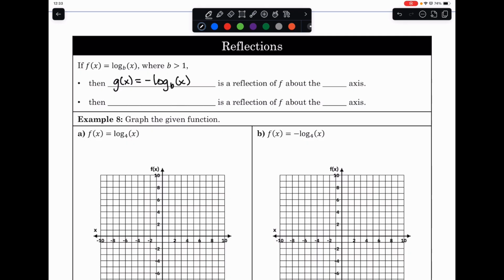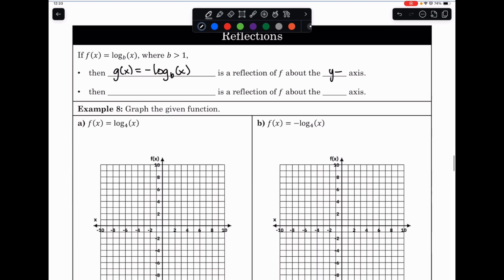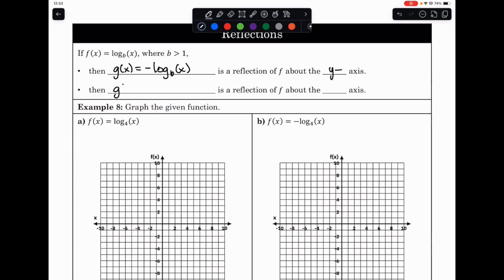This is going to be a reflection of the graph across the y-axis. So it's going to flip the graph upside down. And if g of x was instead log base b of negative x, this means that all of the x values will be multiplied by a negative, resulting in a reflection across the x-axis.